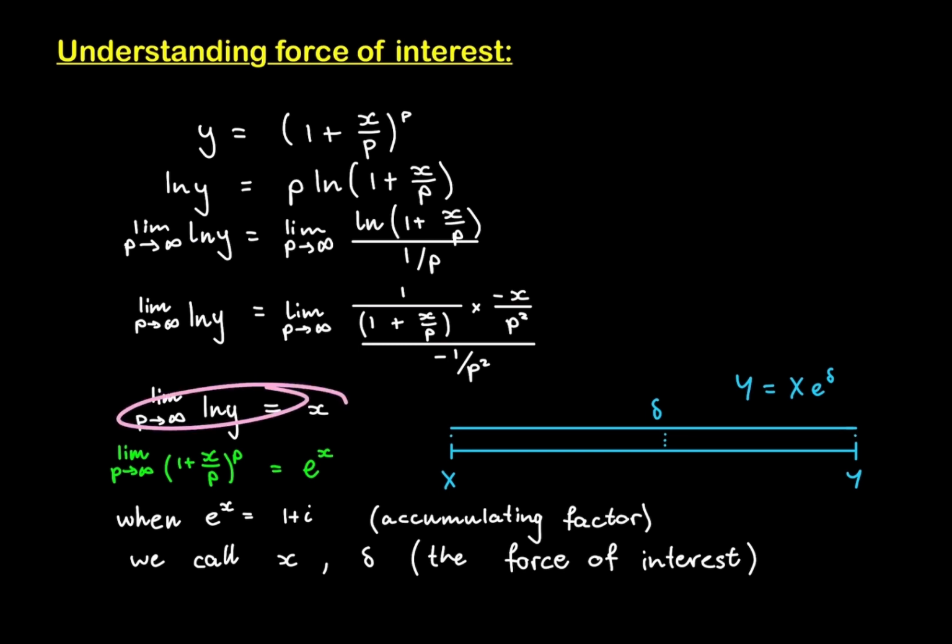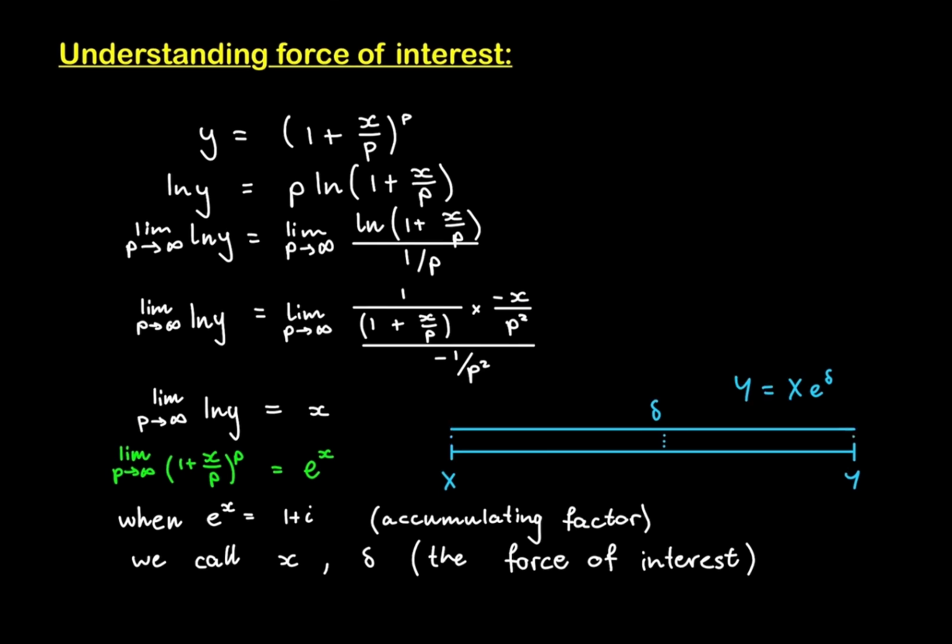So that then leads to this very next line, where we have this limit as p approaches infinity of (1 plus x over p) to the power of p is equal to e to the power of x. Okay, and remember earlier, I said that (1 plus x over p) to the power of p resembles (1 plus i^(p) over p) to the power of p, which is the same as 1 plus i, our accumulation factor.